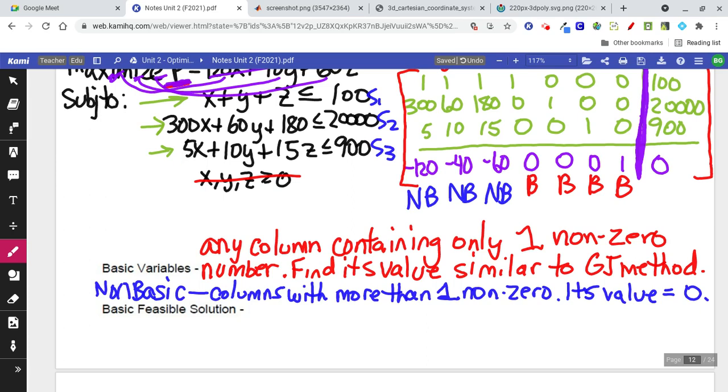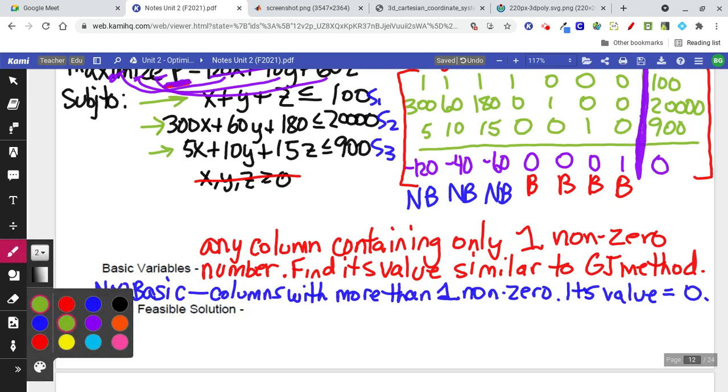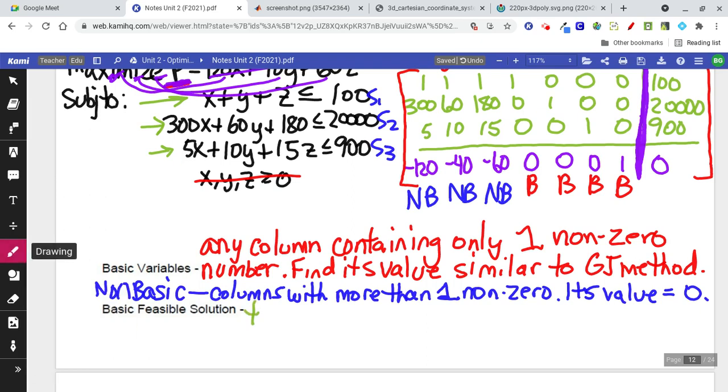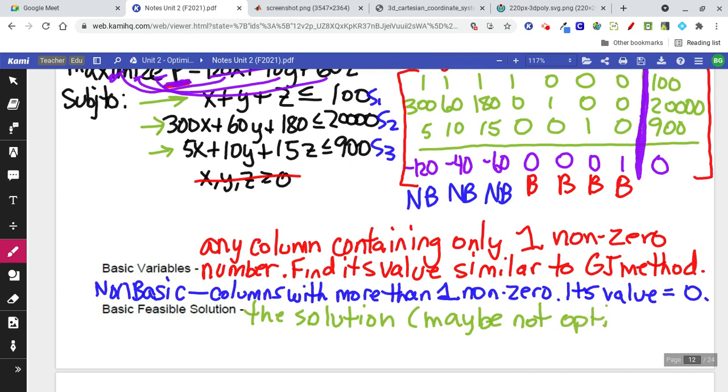Okay, basic feasible solution is the solution. Now, it doesn't mean it's the best. Maybe not optimal. Meaning maybe it's not the maximum, but you can find one of the solutions, or in other words, one of the corners.